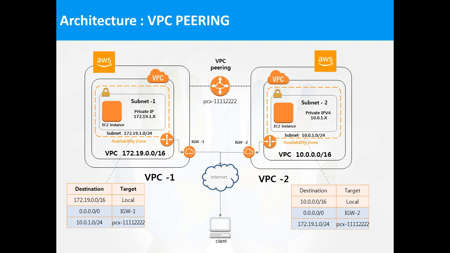It is advised not to connect your VPCs or your resources to the open internet. That's why we are using VPC peering between the AWS resources.